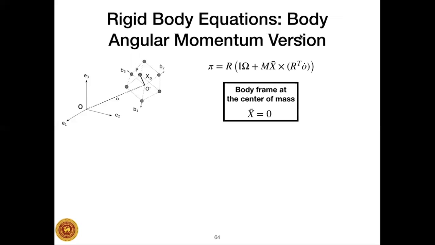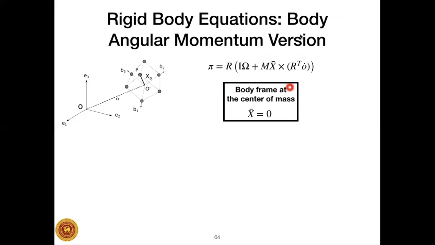If you write it down in terms of the angular momentum, the total angular momentum of the set of particles is given by this. Now this quantity over here is the body frame representation of that, because of the coordinate transformation interpretation.